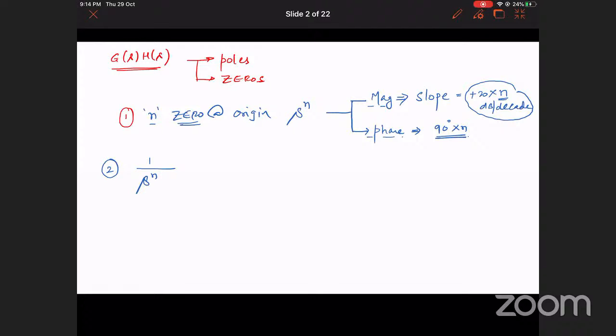Okay. So, 1 upon s to the power n actually indicates n poles at origin.